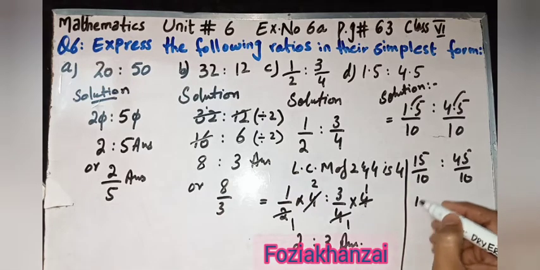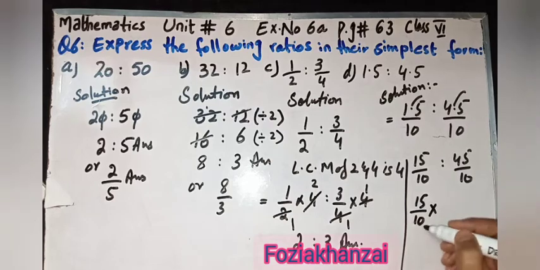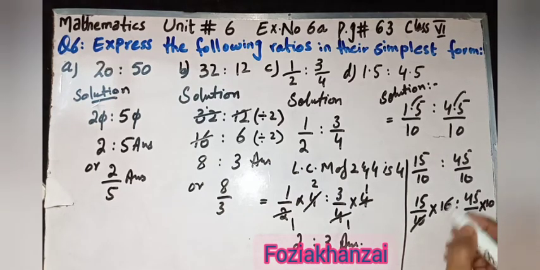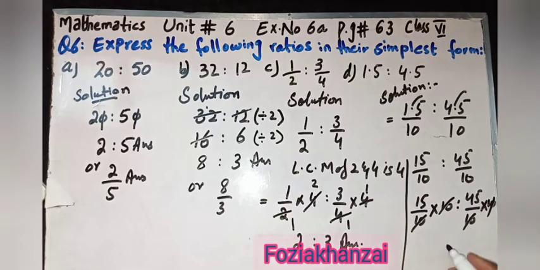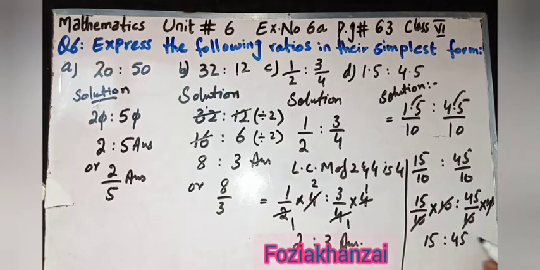But don't miss this step. 15 upon 10 multiply by 10 is to 45 upon 10 multiply by 10. So we cancel it, reduce it. Now 15 is to 45 is left.